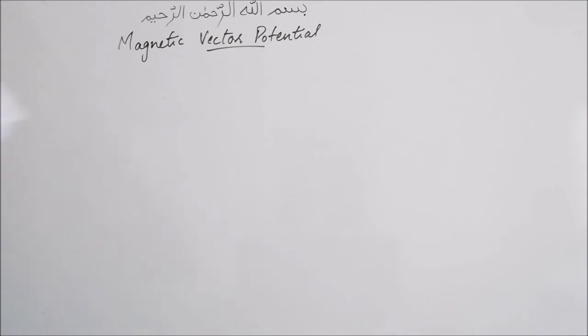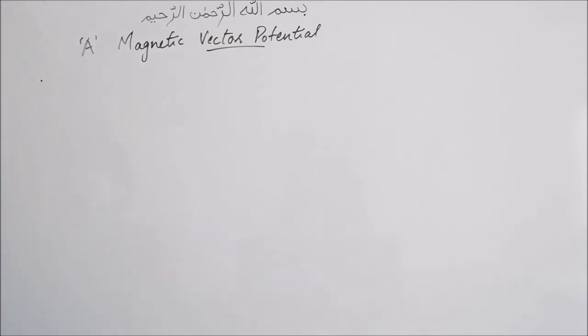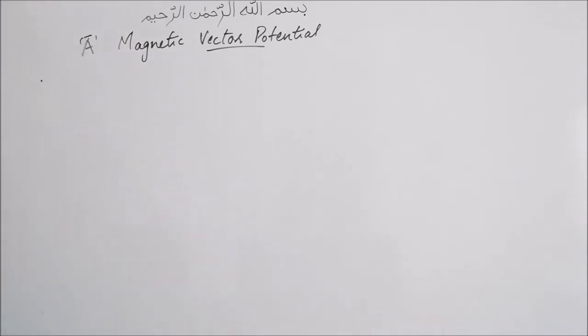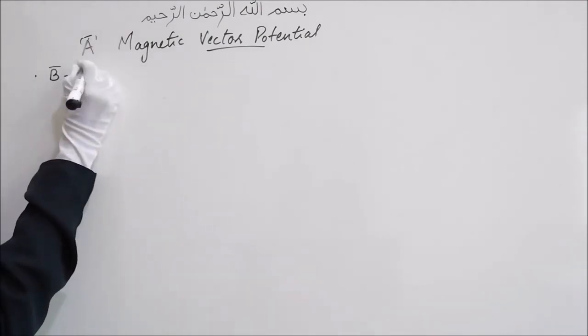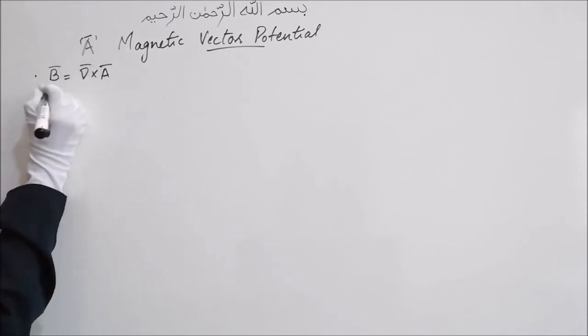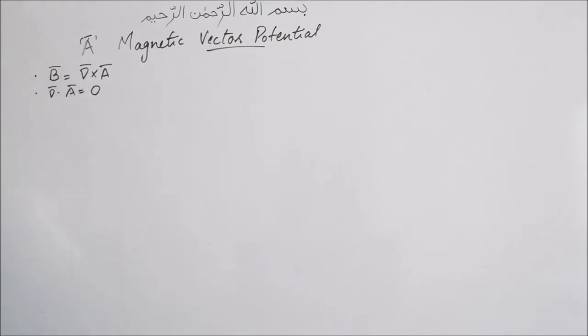The magnetic vector potential A is a vector quantity such that the direction of A is the same as the direction of the current. Some formulas are B is equal to del cross A and del dot A is equal to 0.